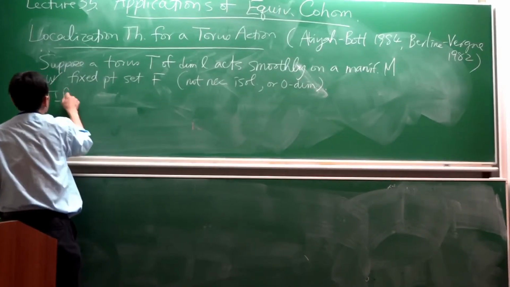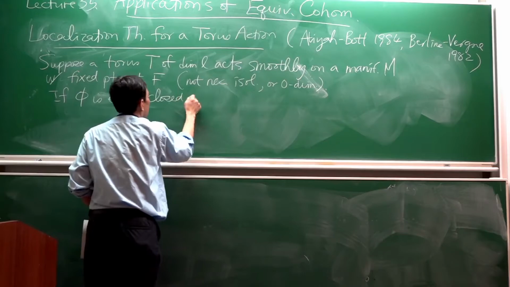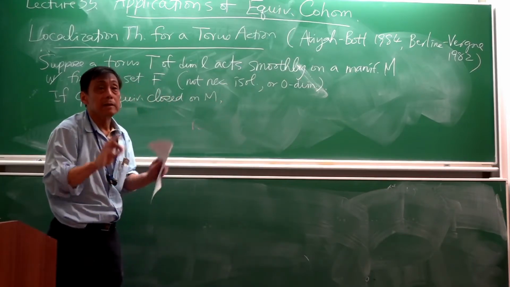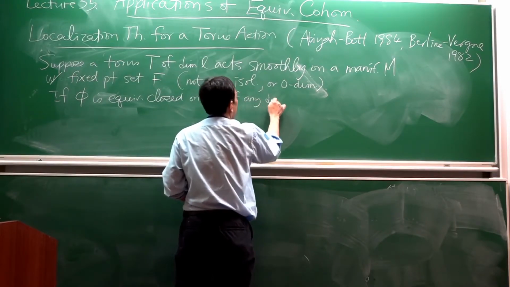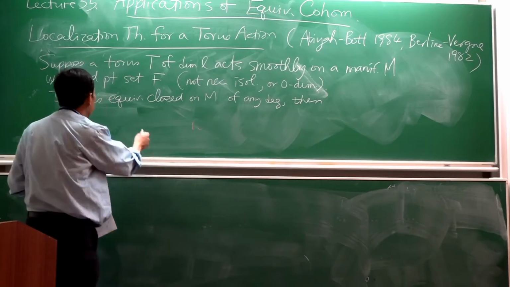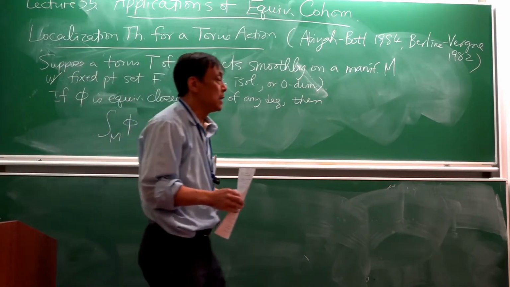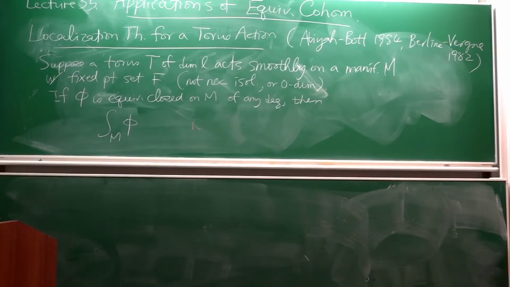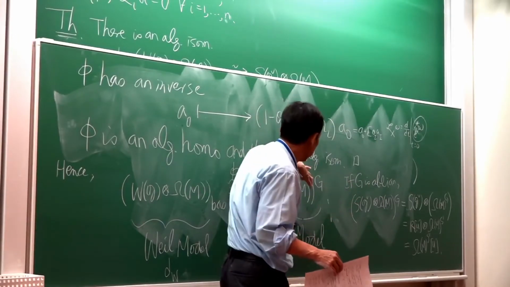So if phi is equivariantly closed on M, it can have any degree, and you can still integrate on M, because you can write phi as a polynomial in U with coefficients in forms on M, and the whole thing has to be invariant by G, not just the form part.